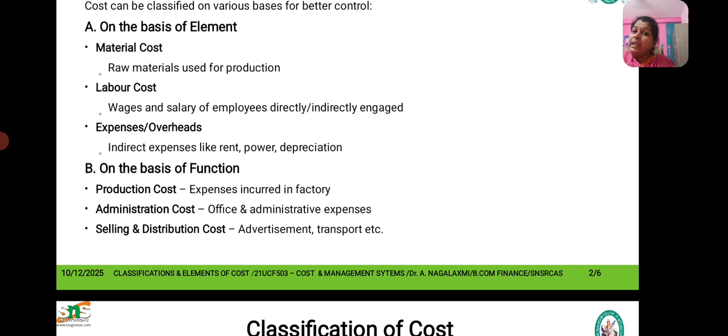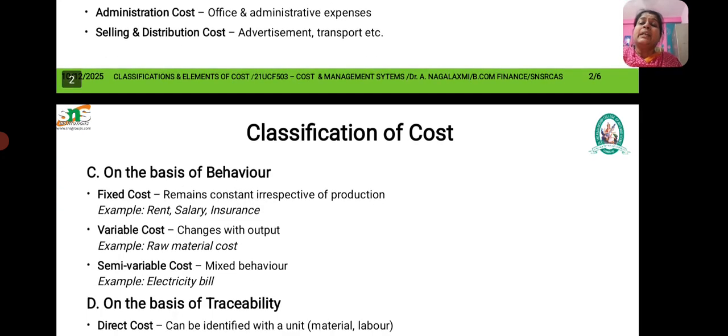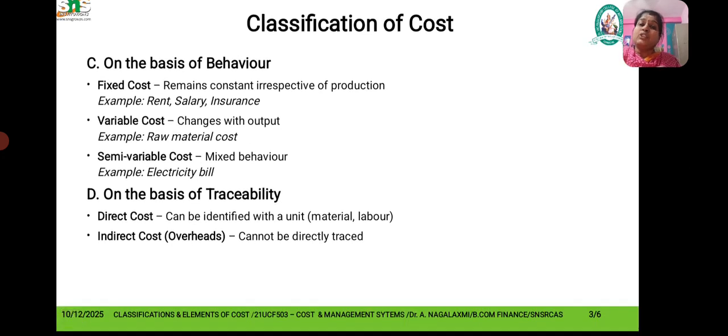Not only that, salesman commission, showroom rent, delivery van, depreciation, everything comes under selling and distribution expenses. So here the cost is classified as production cost, administration cost, selling and distribution cost under the basis of function.